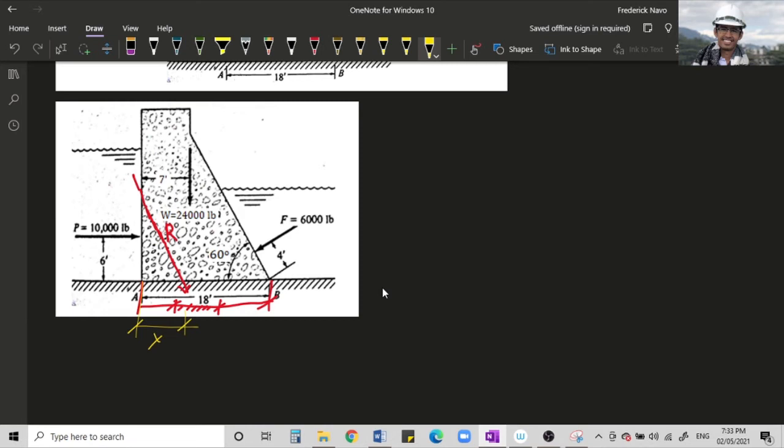Okay, so kunin muna natin yung resultant along x-axis. So that will be Rx is equal to the summation of forces along x component. That will be going to the right is positive. So for Rx, summation of forces along horizontal. So that is R will be equal to 10,000 pounds. Okay. So ano pa yung x component natin?